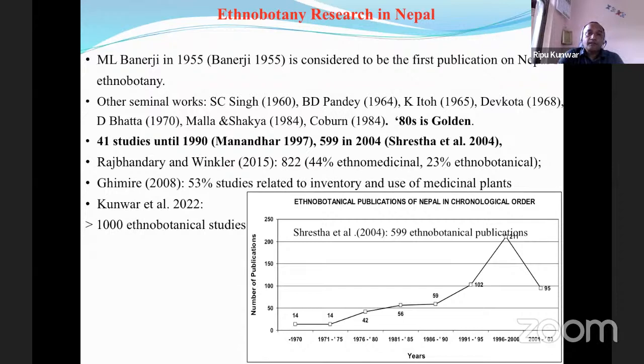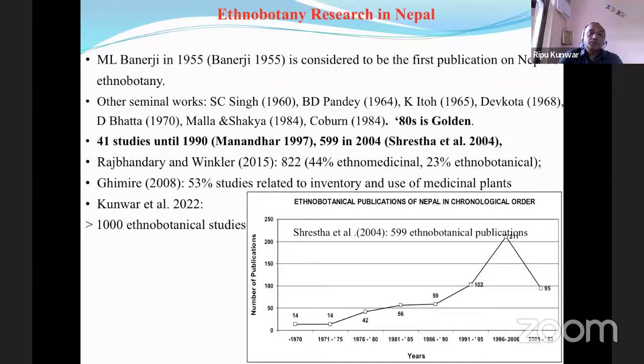So here I present the review of ethnobotanical research. According to Bhandari and Winkler 2015, there were 822 studies until 2015. Out of them, 44% were related to ethnomedicine and 23% to ethnobotany.